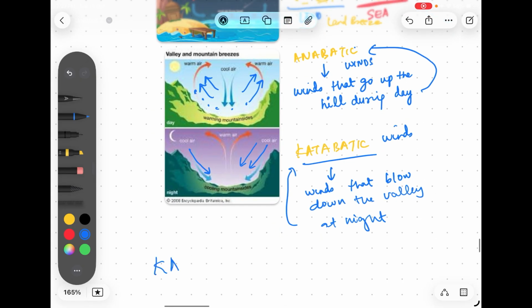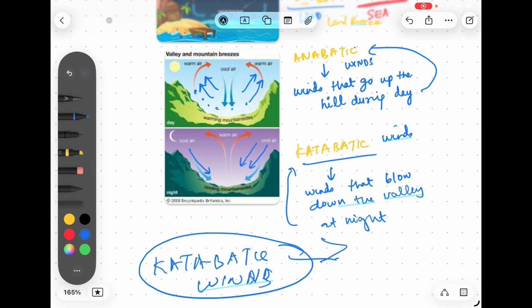The catabatic winds are stronger than anabatic winds. Why? Because in anabatic winds, the winds are blowing against gravity, whereas in catabatic the winds are blowing in the direction of gravity, so they are stronger.